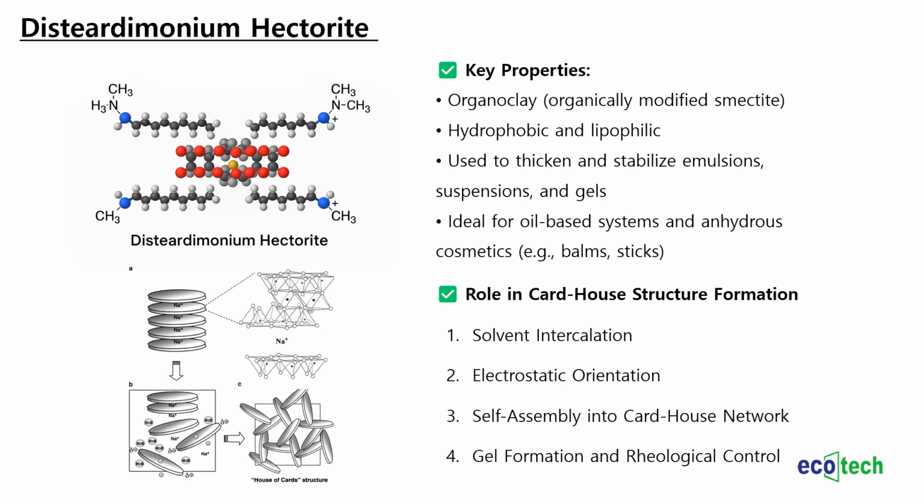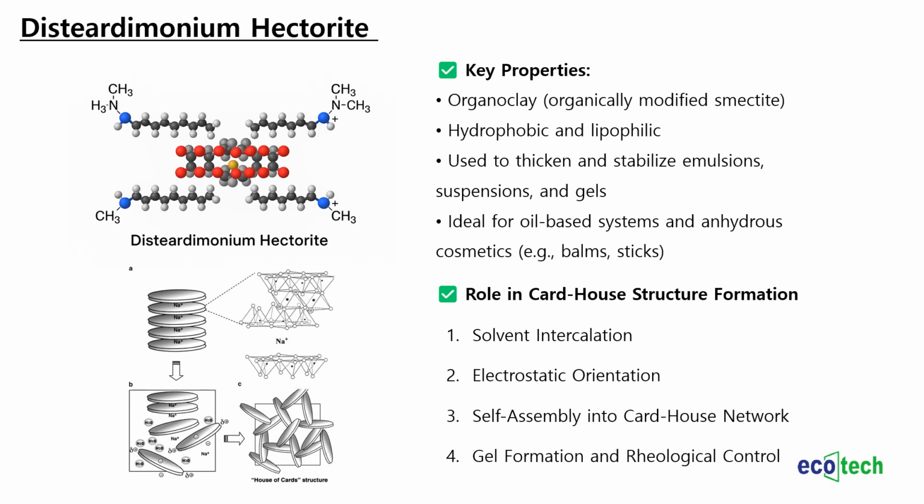This slide introduces stearalkonium hectorite. It's an organically modified clay derived from hectorite, a smectite type of layered silicate. It is a natural stable clay. Hectorite contains sodium or other cations in its interlayer spaces.